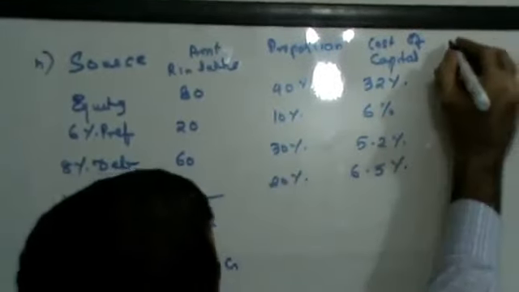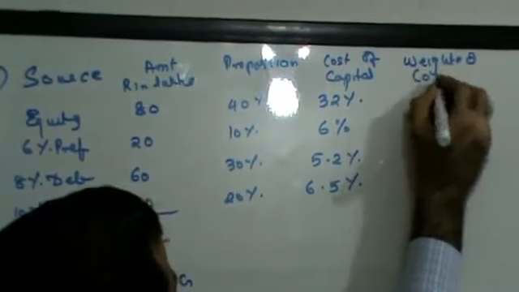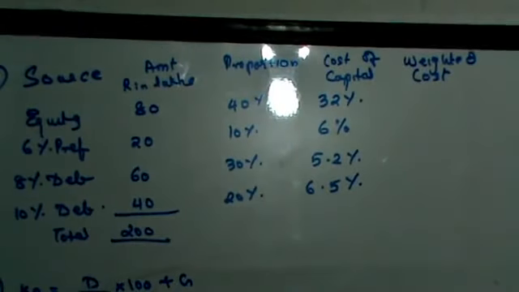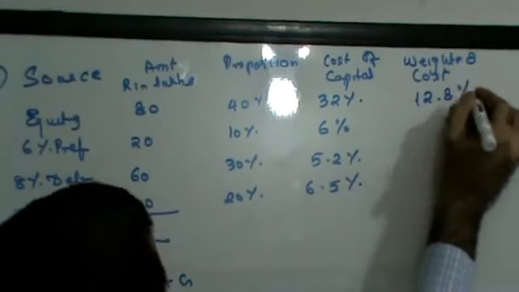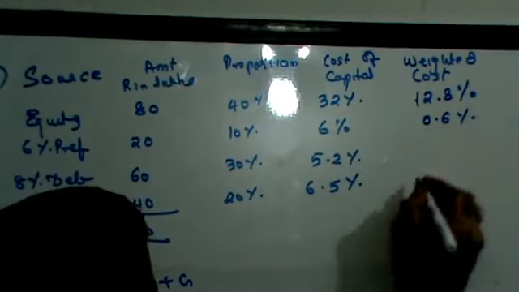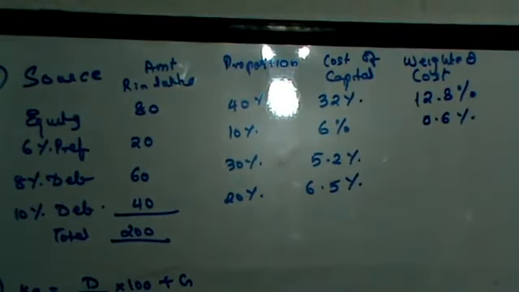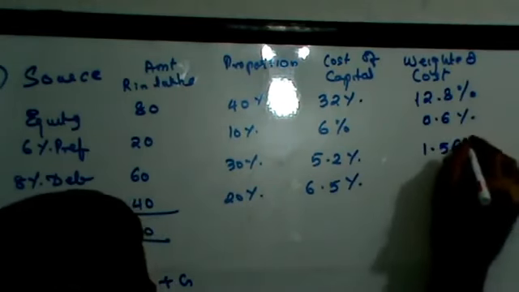Now, let's find out the weighted cost. 40 into 32% is nothing but 12.8%. 10 into 6% is 0.6%. 30 into 5.2% is 1.56%.